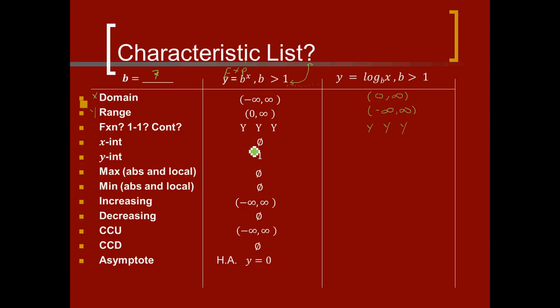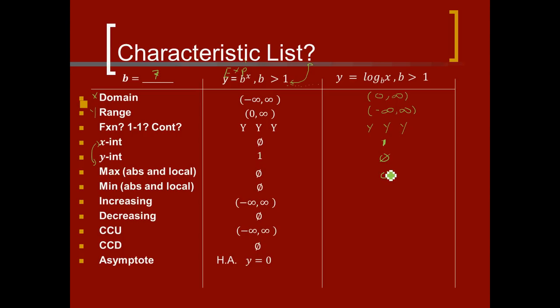Now remember, exponential functions had no x-intercept, but had a y-intercept of 1. What's the number one fun fact about inverses? So log equations and log graphs have an x-intercept of 1 and no y-intercept.